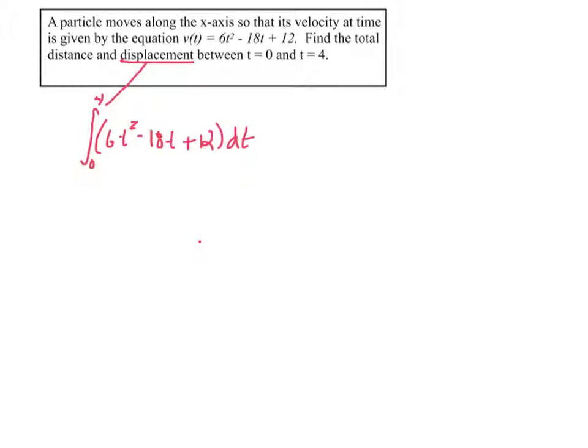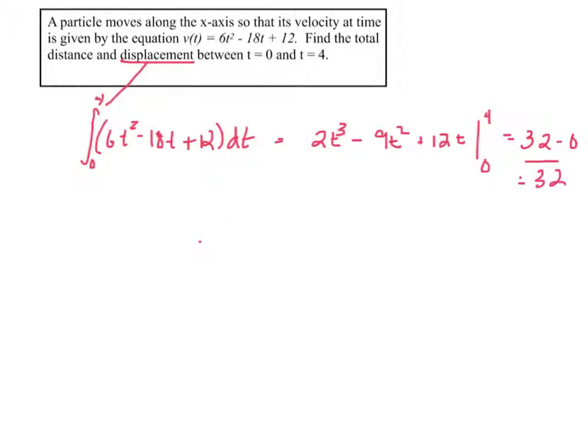My antiderivative will be 2t cubed minus 9t squared plus 12t, evaluated at 4 and 0. If I plug in 4, I get 32. If I plug in 0, I get 0. So the answer is just 32.